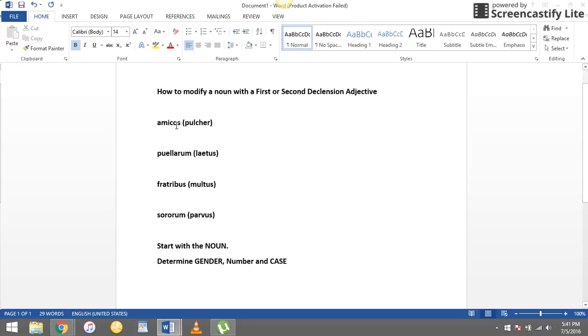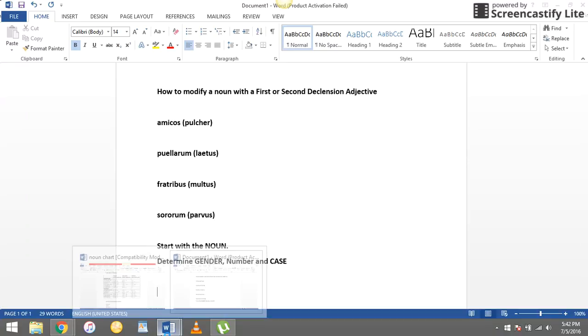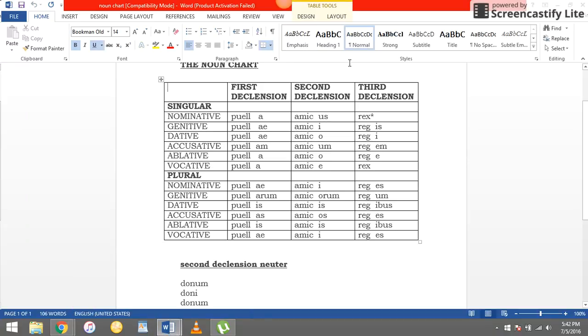So the first thing we have to do is think, okay, what is amicos? What gender, number, and case is it? Well, if you know your vocab, you know amicus is second declension and it's masculine. So then we go to our noun chart. We go to second declension. We find the OS. There it is right there. So this noun is accusative, masculine, and plural.